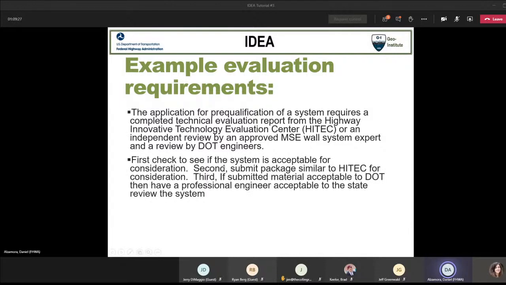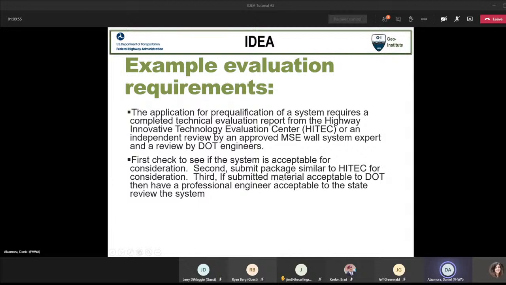Another one is to first check if the system is acceptable for consideration. Second, in this particular state, submit the package similar to a high-tech for consideration. I would maybe ask the question, would an IDEA evaluation be a similar evaluation to the high-tech for this given state?